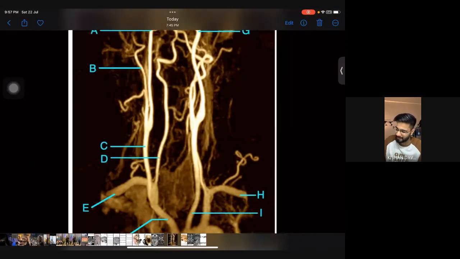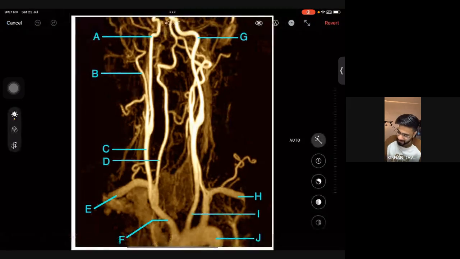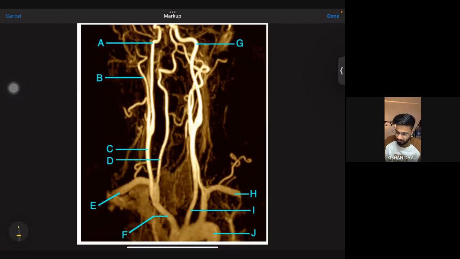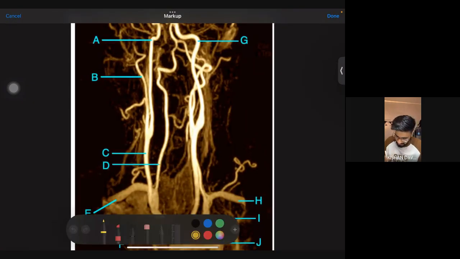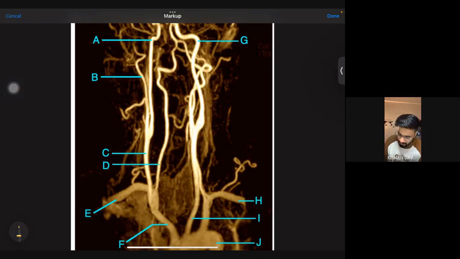And regarding the artery, this is another question that was asked in NBME. Okay, यूएल में नहीं पूछा, एनबीएमई ने पूछा. तो चलो देखते हैं इसमें आंसर क्या होगा. A is internal carotid artery, B is external carotid artery, D is vertebral artery.